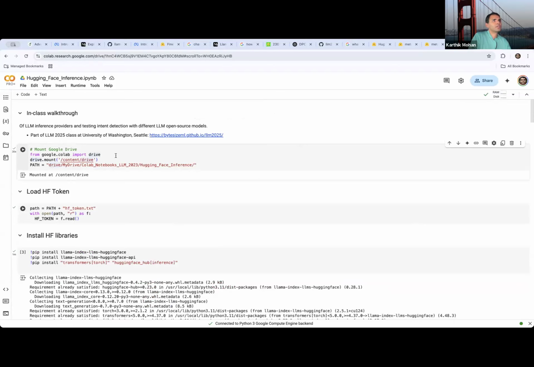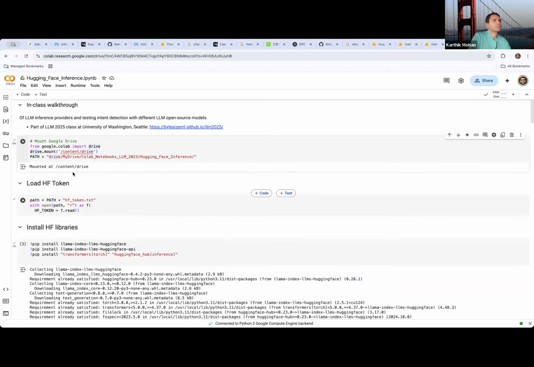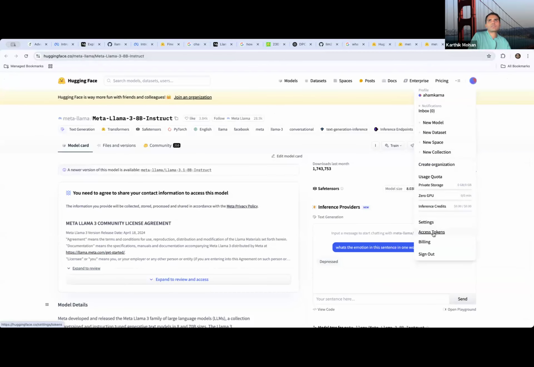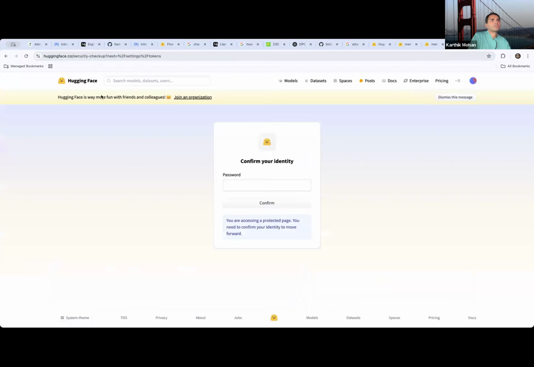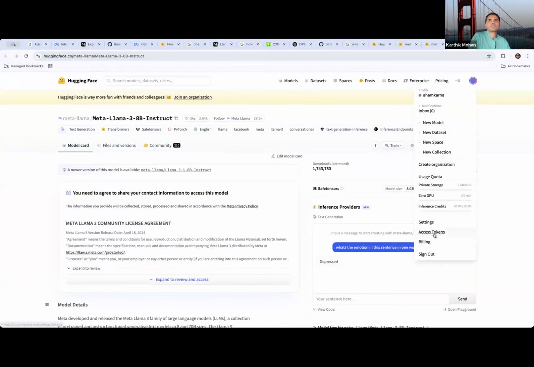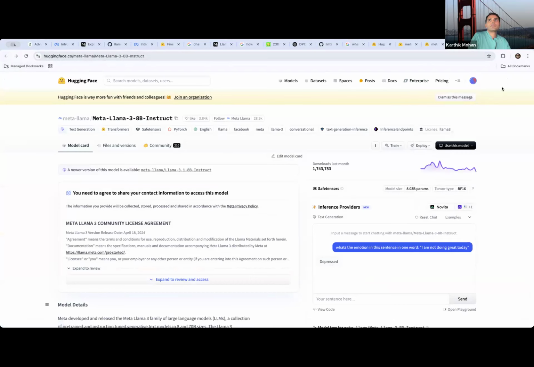This is where I'm hosting the notebook, and then you need a Hugging Face token. So if you go back here, access tokens. Okay, you need to log in. But you'll find it there under the access tokens here, or you can create a new token.